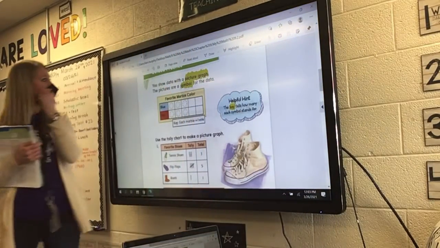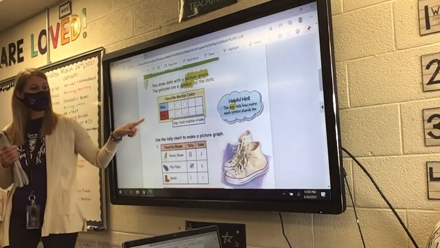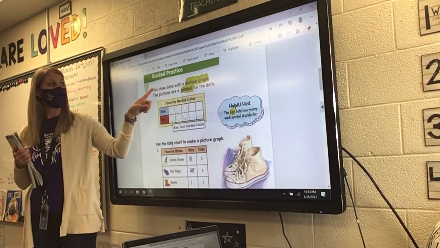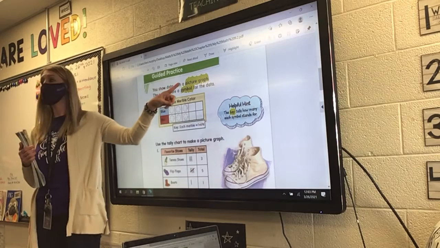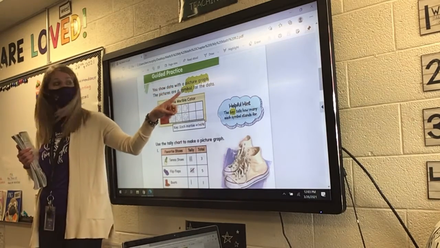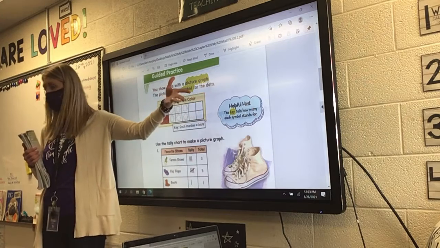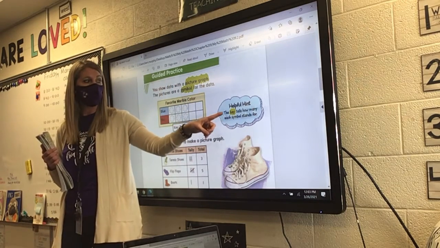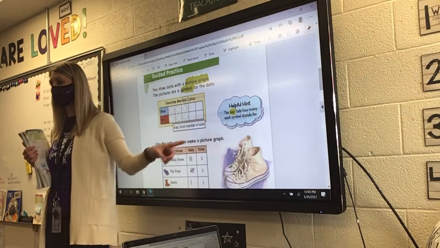Now we're on the guided practice. At the top, please follow along with Mrs. Murphy. It says, you show data with a picture graph. The pictures are a symbol for the data. So here's a hint. The key tells how many each symbol stands for.